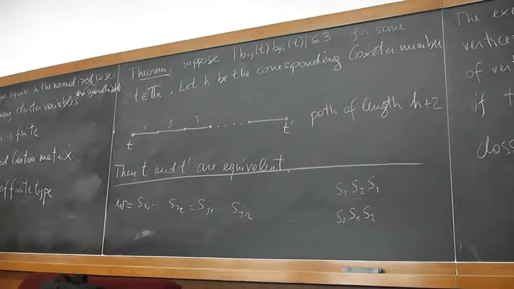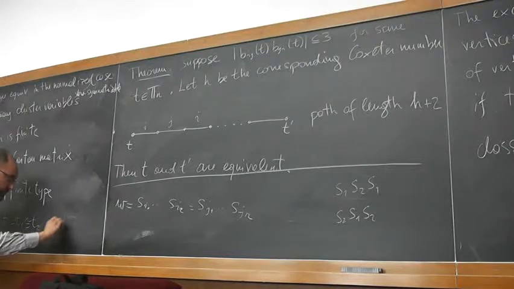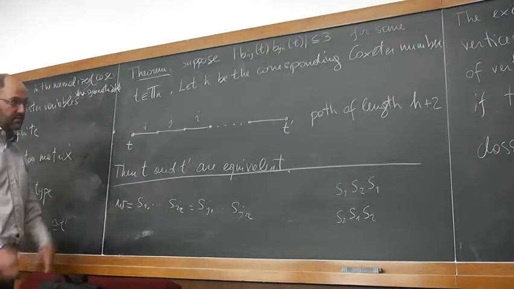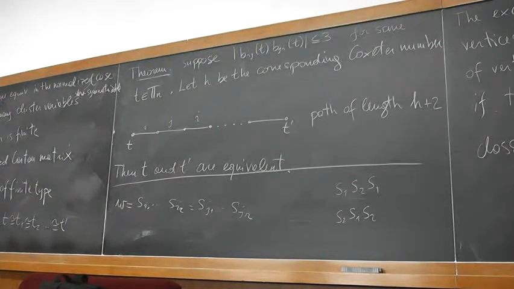The conjecture states that two vertices T and T prime are equivalent if and only if there is a sequence T1 equivalent to T2 equivalent to T prime, such that any pair of consecutive vertices is in this situation. I see. The equivalence relation in general is generated by this.